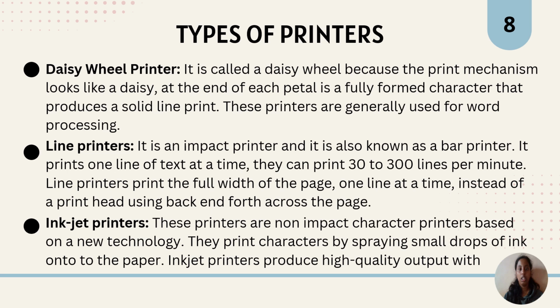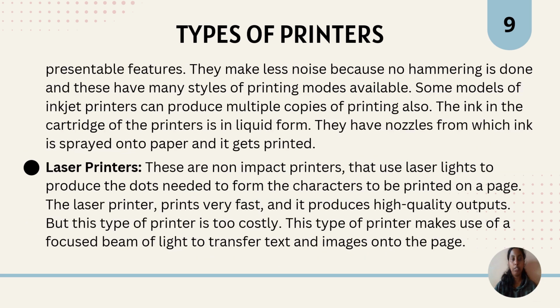Inkjet printers. These printers are non-impact character printers based on a new technology. They print characters by spraying small drops of ink onto the paper. Inkjet printers produce high quality output with presentable features.